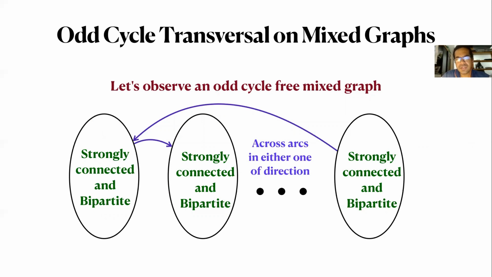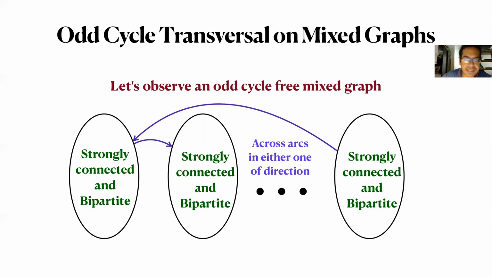We use the fact that a strongly connected directed graph which is odd cycle free is bipartite, and we can generalize this argument of odd cycle freeness in directed graphs being bipartite to odd cycle free mixed graphs as well. So a mixed graph which is odd cycle free and strongly connected will be bipartite as well.